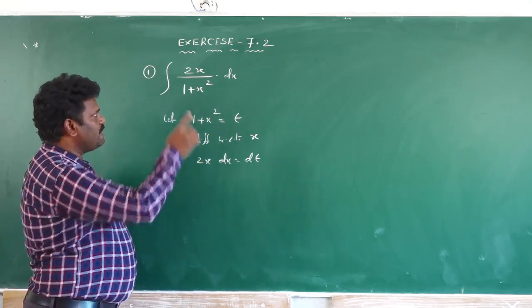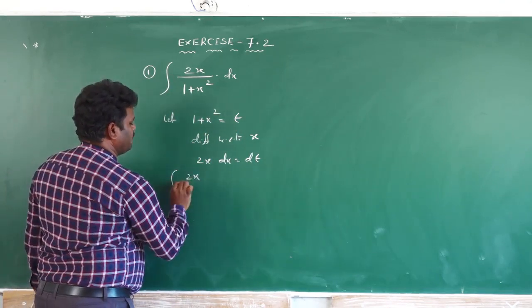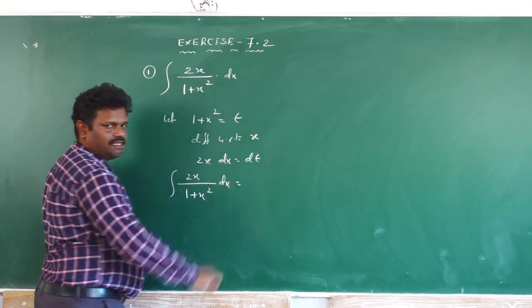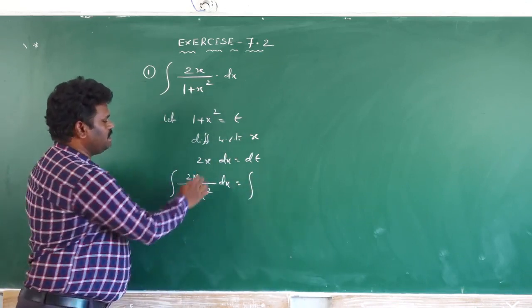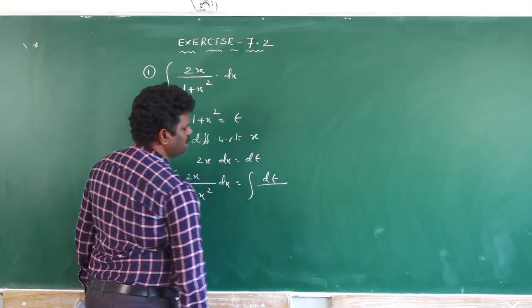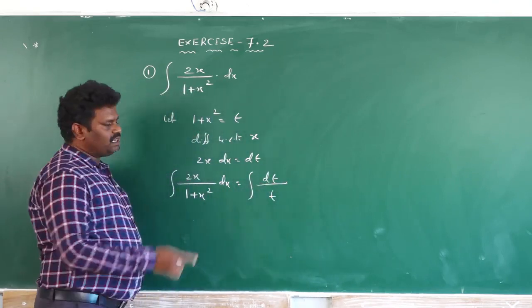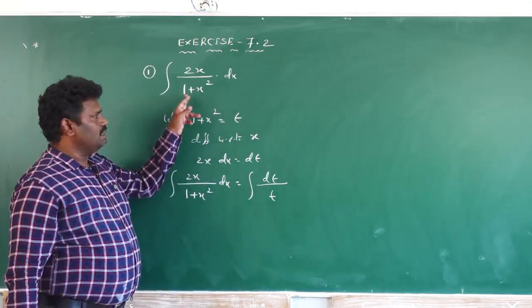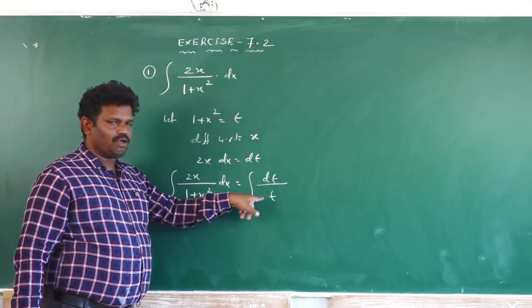Okay, now we substitute these values in the given integral. Integral of 2x by 1 plus x square into dx: here 2x dx is equal to dt, and 1 plus x square is equal to t. Now the integral can be transformed into another form.